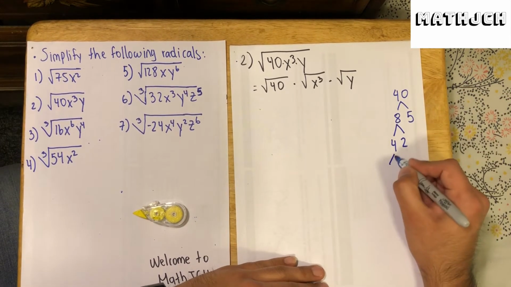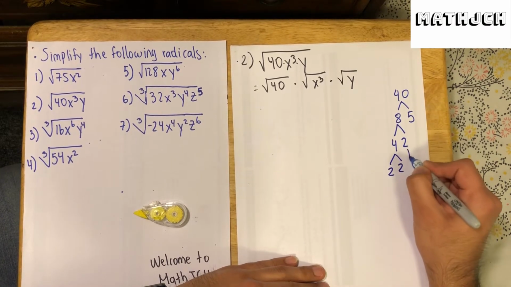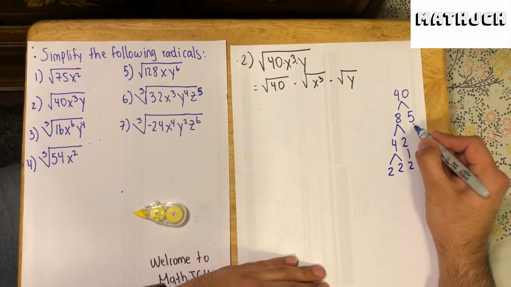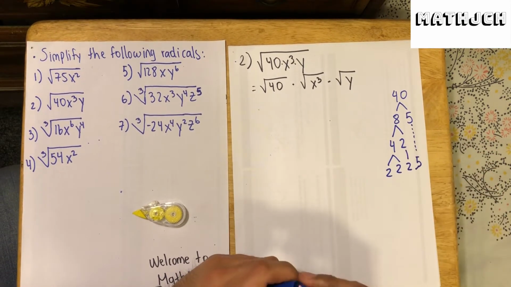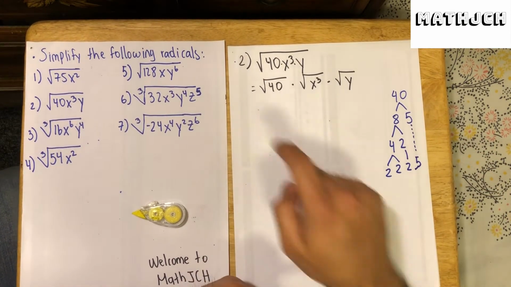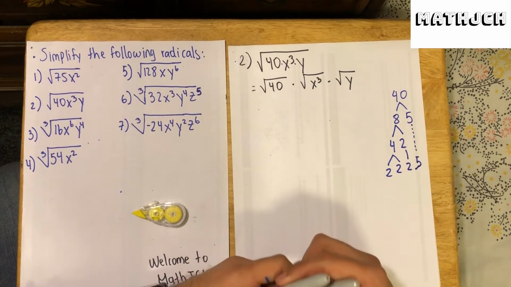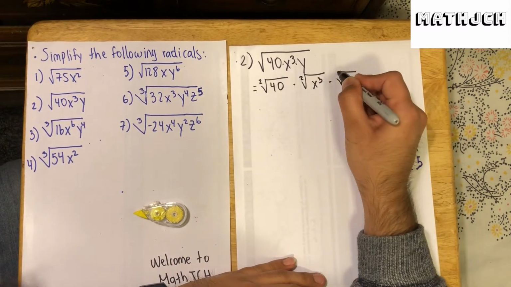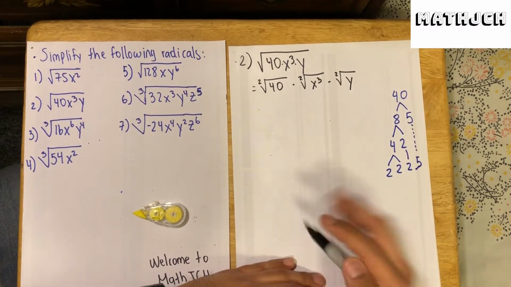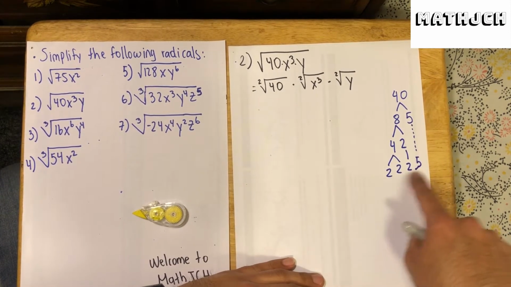And then the 4, we could break down further into 2 times 2, bring that 2 here, and then bring the 5, which we cannot simplify or factor more. So 40, I could rewrite as 2 times 2 times 2 times 5. But notice our index is automatically 2 here, so I need some number to the power 2 from the prime factorization.